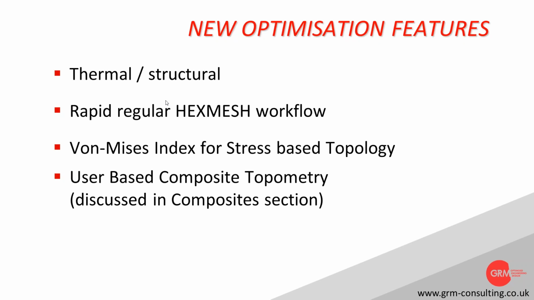I'll describe how that all works and where it can be applied to your optimization problems. And then we've got our user-based composite topometry feature added into OptiAssist, and we'll discuss that in the composite section, but I just want to draw your attention to the fact that that's there as a new optimization feature.